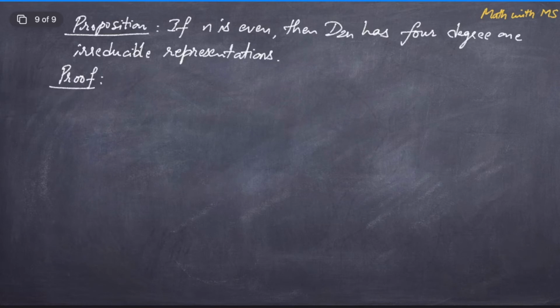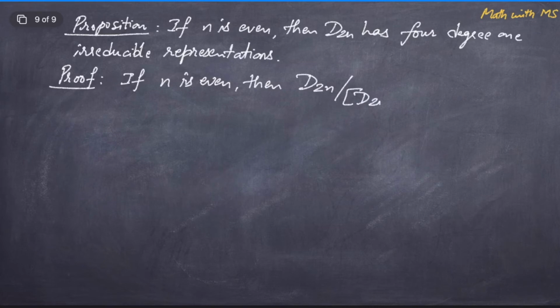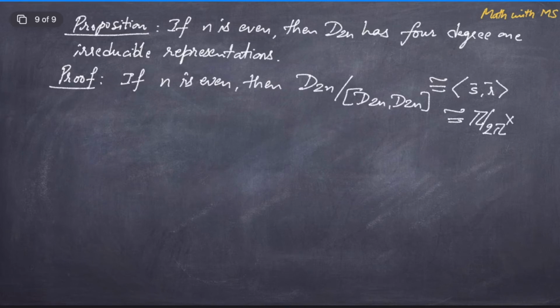So the proof is basically that I will write down the representations explicitly. If n is even, then we know that the abelianization D2N modulo the commutator subgroup of D2N is isomorphic to the subgroup generated by the cosets of S bar and R bar, and it is isomorphic to Z mod 2Z times Z mod 2Z.